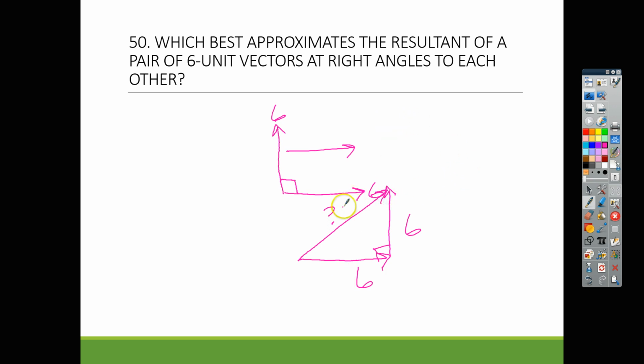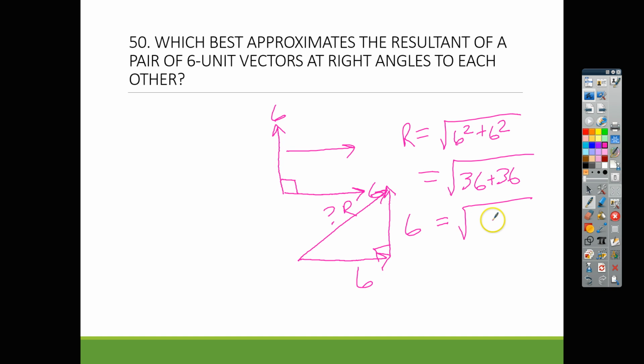So we know that r is equal to the square root of 6 squared plus 6 squared. So this is equal to the square root of 36 plus 36. So that would be equal to the square root of, let's see, 3 and 3 is 6, so that'd be 72. And so here it would be close to 8.